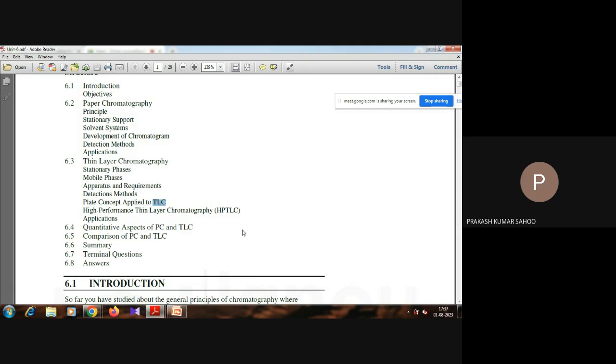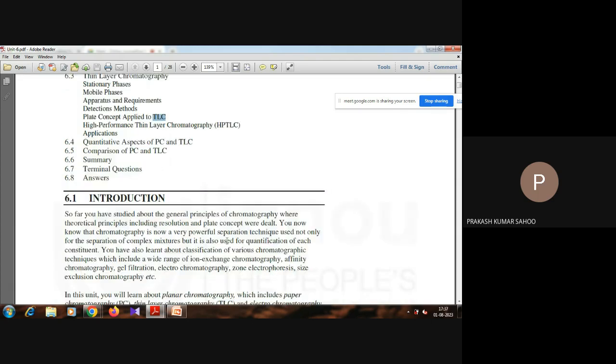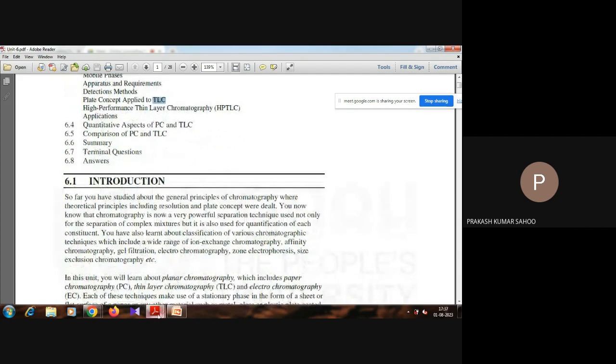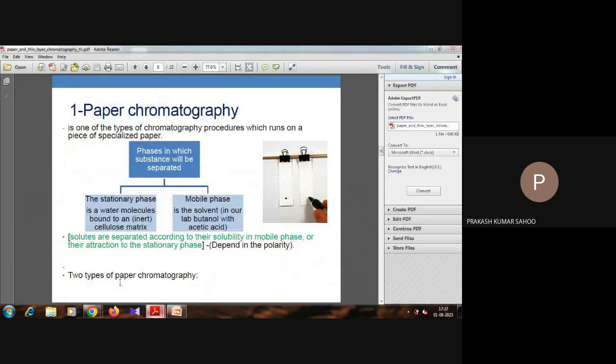Okay. So these are the overall things in your unit 6, and this is our PPT for today's part, that is paper chromatography.